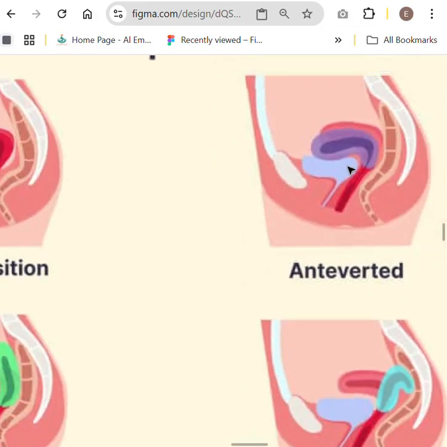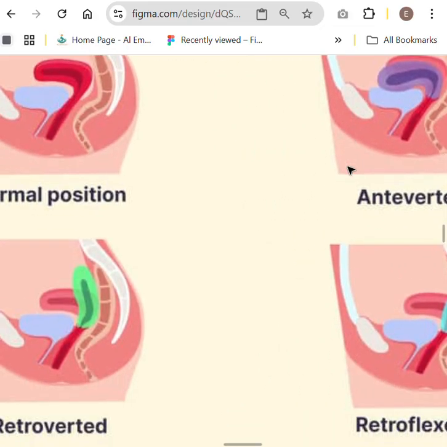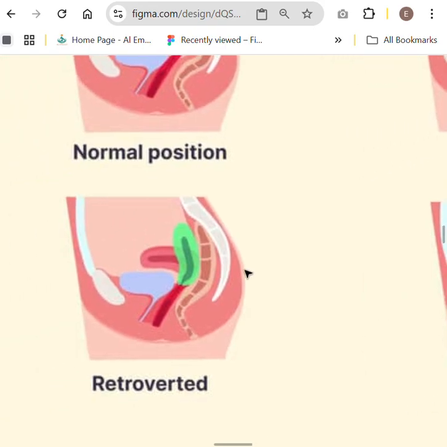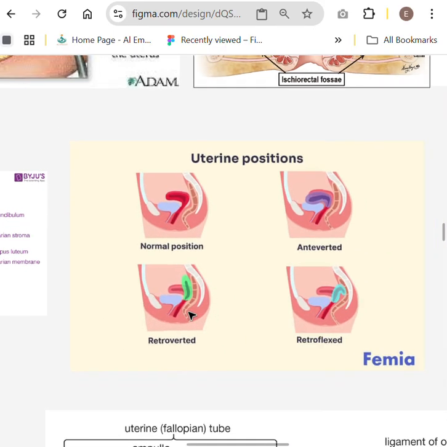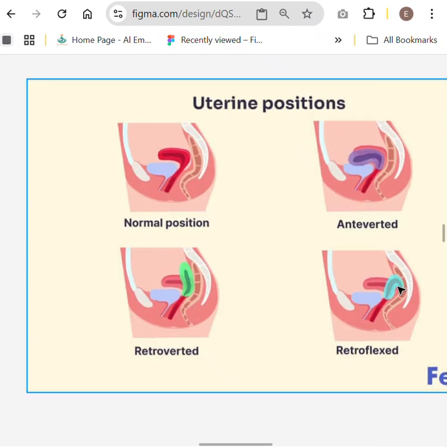However, in about 20% of women, the uterus is tilted backwards. When I say it's tilted backwards, it's either retroverted or retroflexed. This is the retroversion and this is the retroflexed version. There's no pathological significance in most women because of retroversion, but whenever retroversion happens, it's fixed and immobile, and this may be associated with endometriosis.